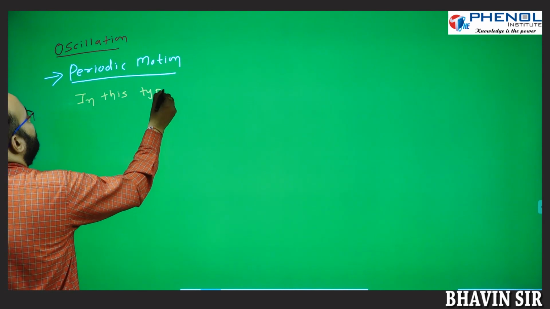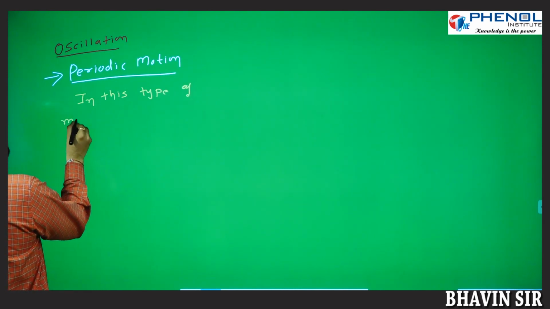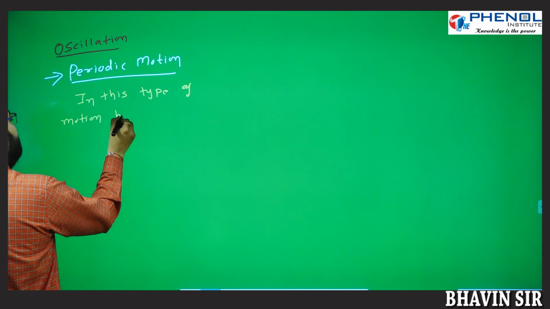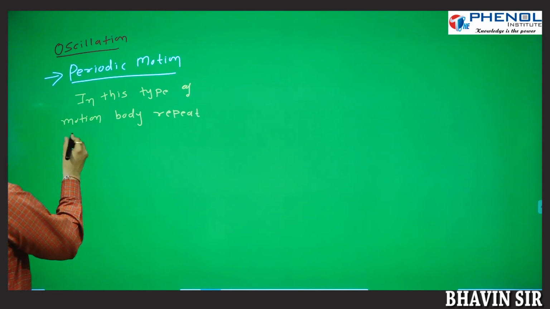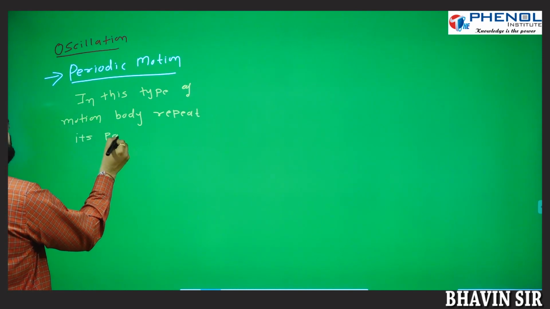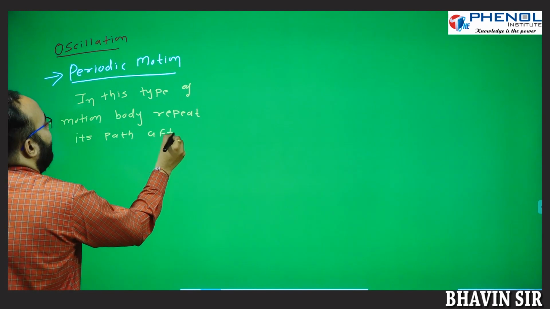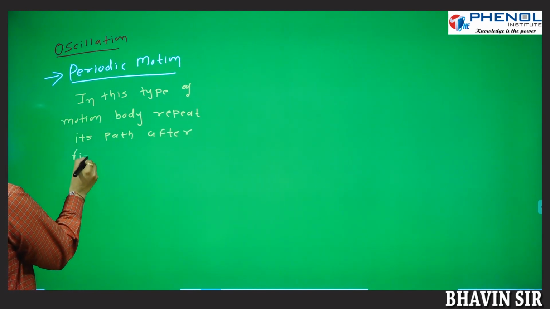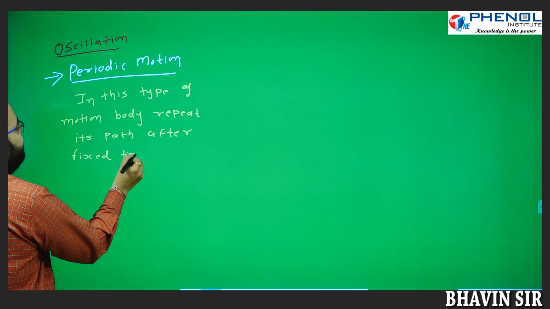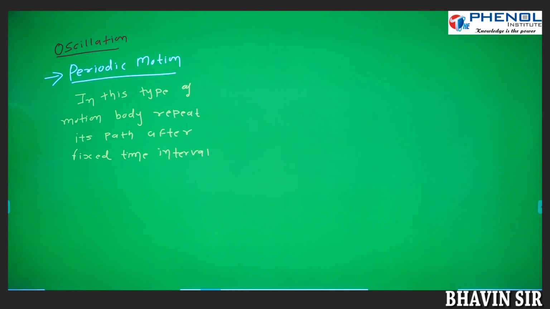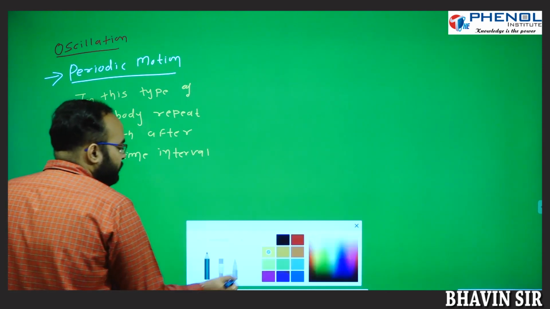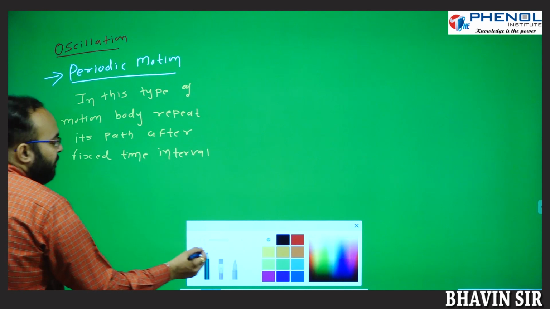In this type of motion, the body repeats its path after a fixed time interval, then it is known as periodic motion. And see students, what are the examples?